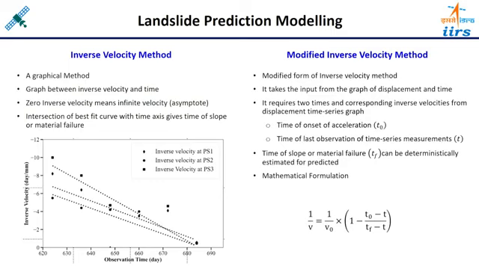If it is going downwards, this particular curve will cut the time axis somewhere. Wherever it cuts, that time is the time of the slope failure. So just visualize in your mind how we can understand this situation. We plot the inverse velocity versus time graph, and wherever this curve intersects the time axis, that particular time is the time of the slope failure or the time of the landslide.